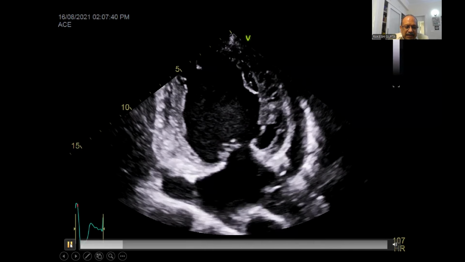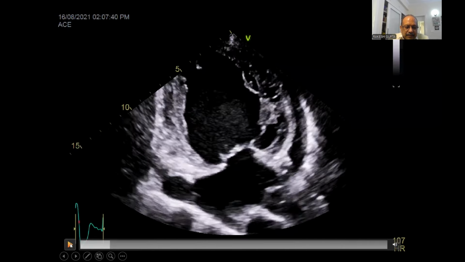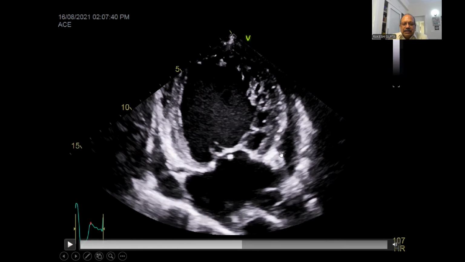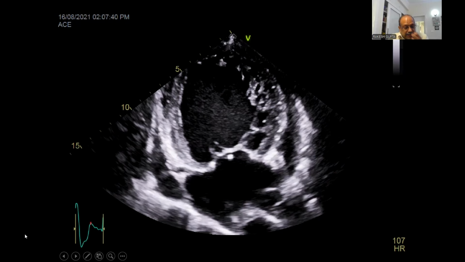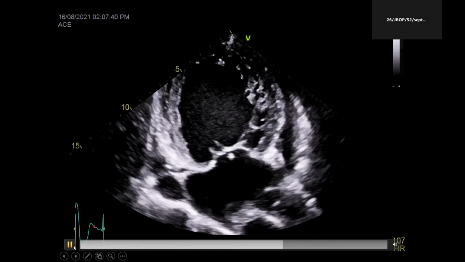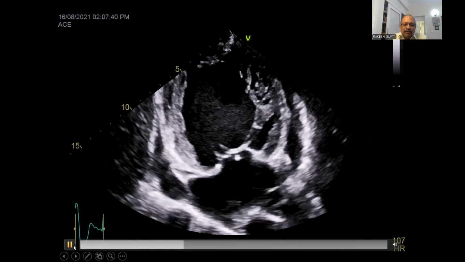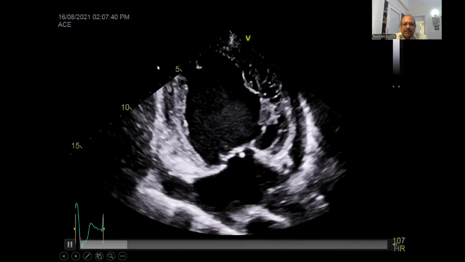I'm trying to freeze my cycle at mid systole. Yeah, I'm at mid systole. Now you look at this red point over here. Then you measure the same segment over here if you really want to do it. But it's subjective. What we talk is subjective. We don't talk of objective because we cannot measure them.